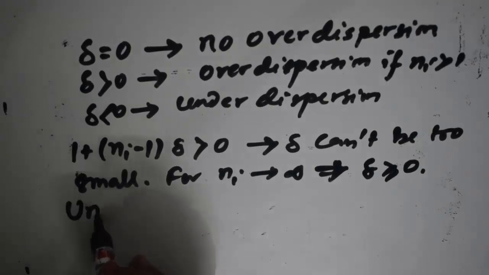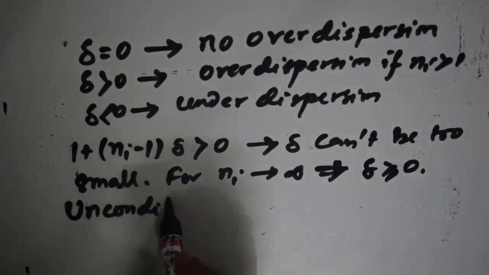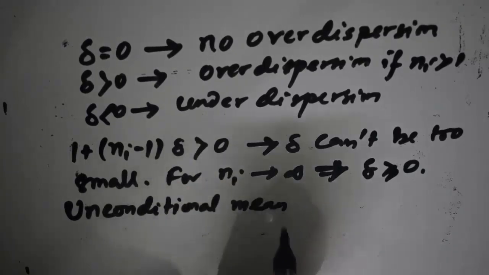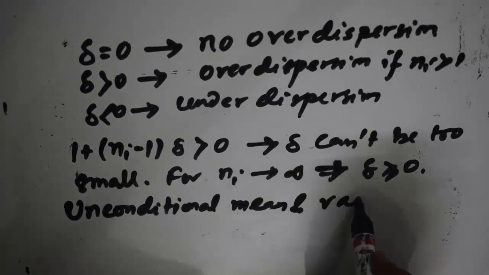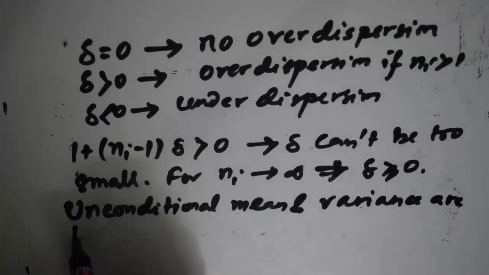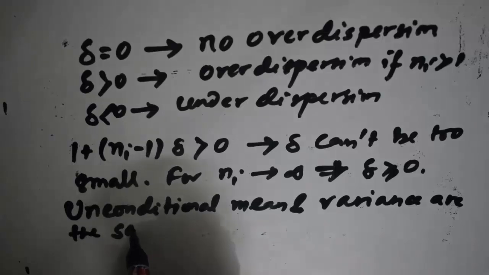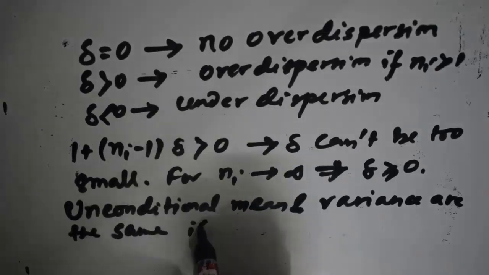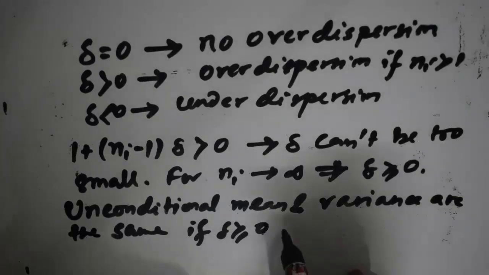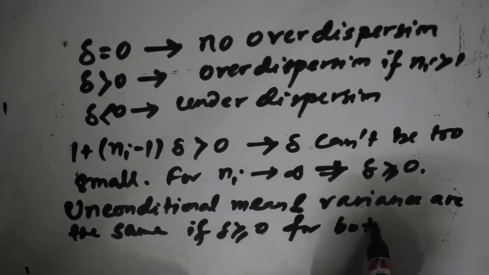Again, we can check that the unconditional mean and variance are the same if delta greater than 0 for both approaches.